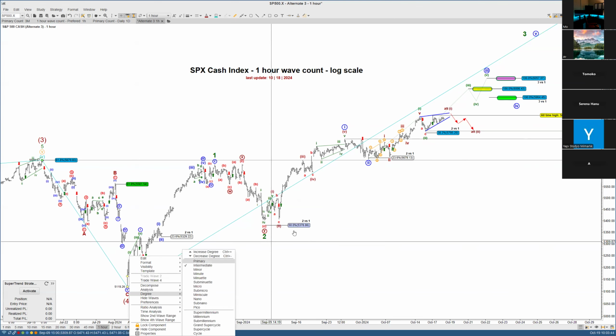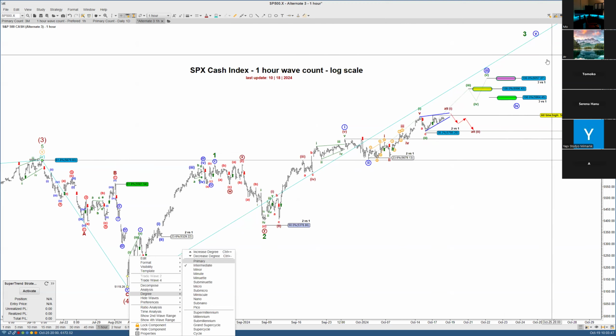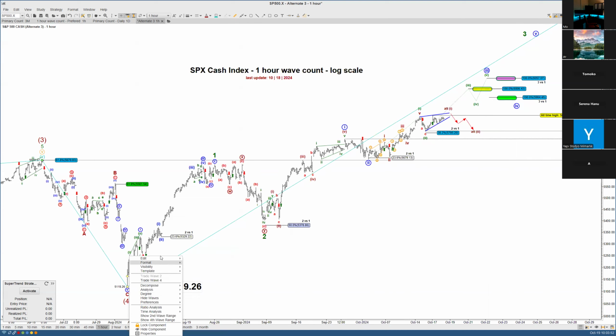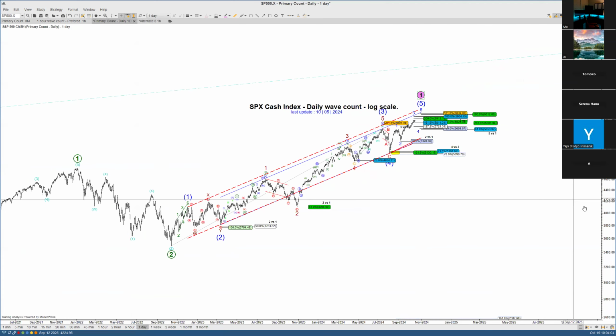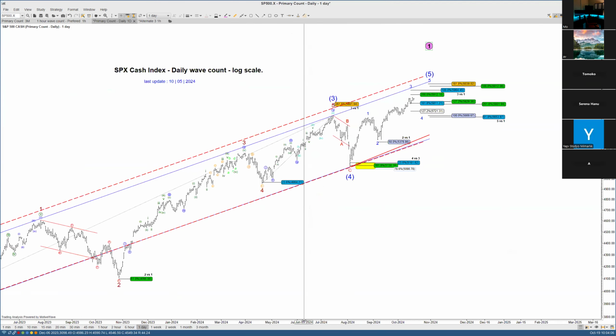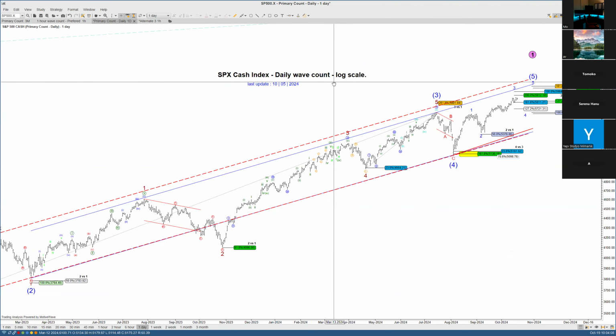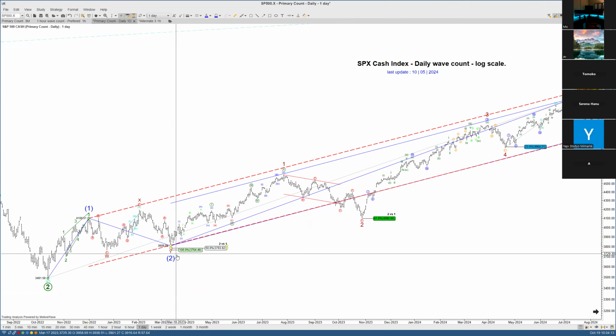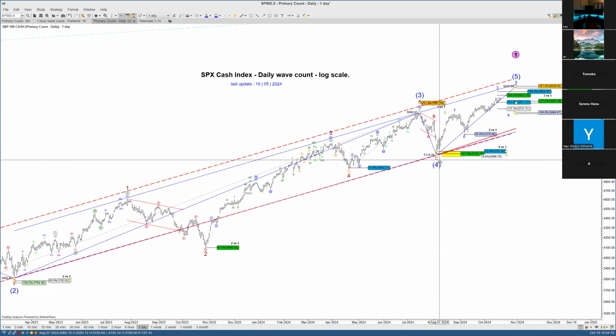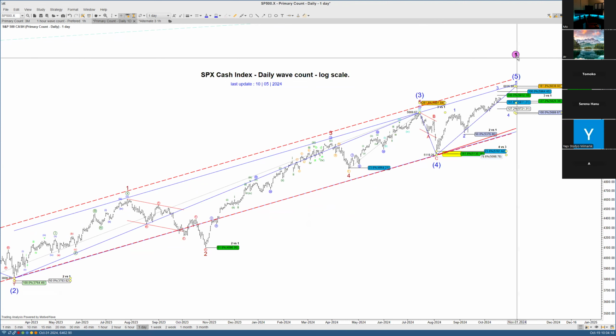This is what I'm fighting for to the upside. And when this intermediate completes, 3, 4 will complete 1 primary, which is here. One, 2, 3, 4, 5. That completes 1.